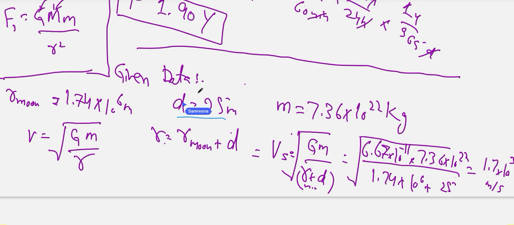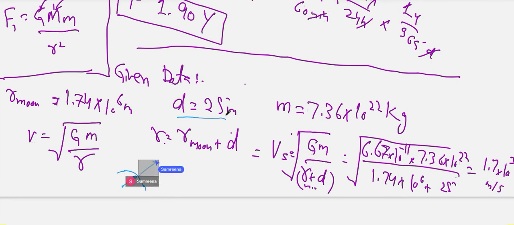Over here d will become part of this formula. Let me explain. v is equal to under root g m over r. R over here is not the radius, it is the distance between two objects, because the radius is 1.74 into 10 to the power 6 meter, and then there is a distance from the surface of the moon, which is 25 meter.